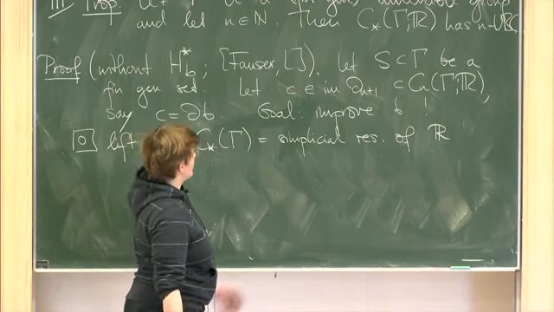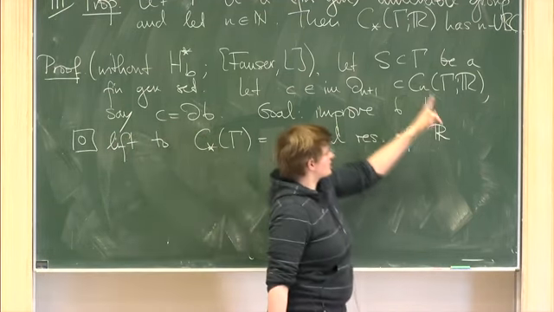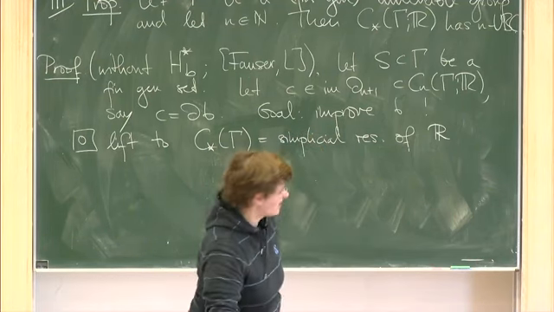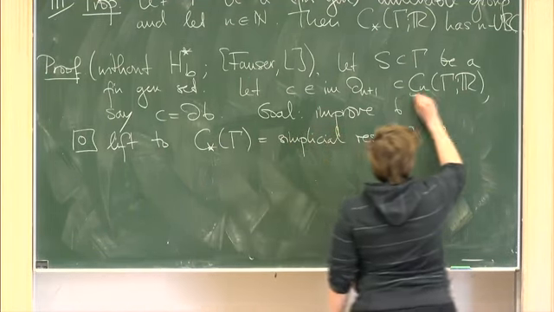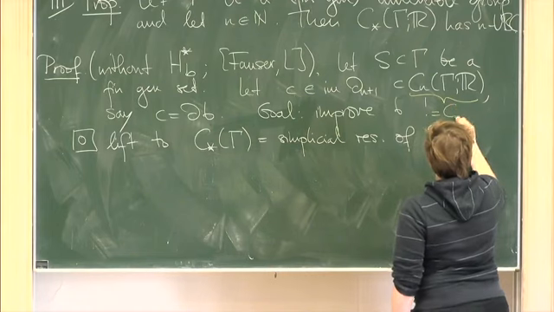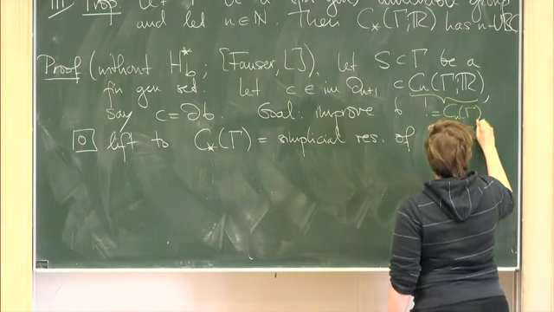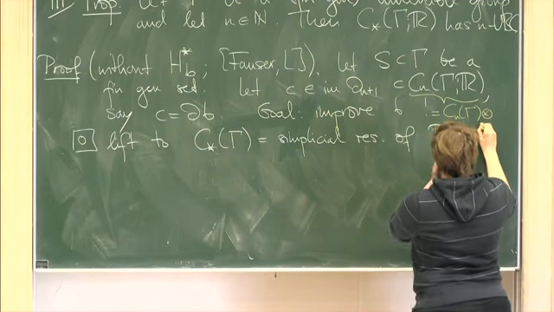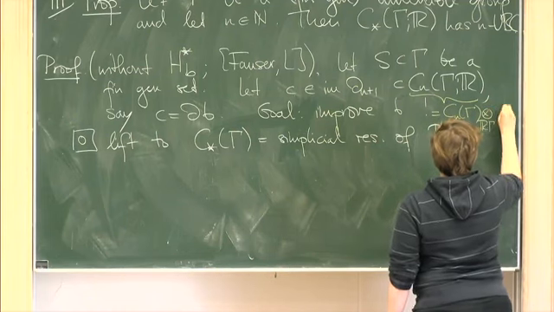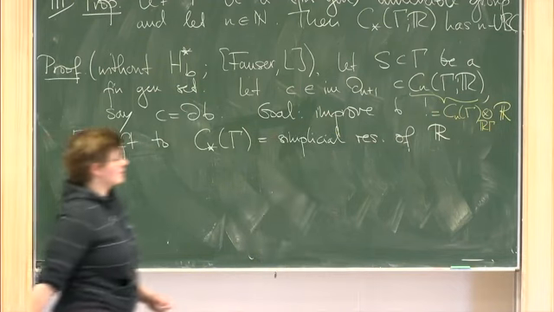We know that this chain complex in terms of this resolution is just Cn gamma tensored over R gamma with our coefficients, right?